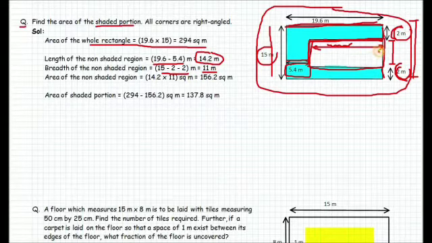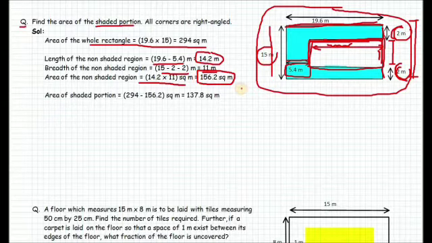That means the breadth of the non-shaded region is 11 meter. Now area of the non-shaded region will become 14.2 into 11. If you multiply, you will get 156.2 square meter, right?